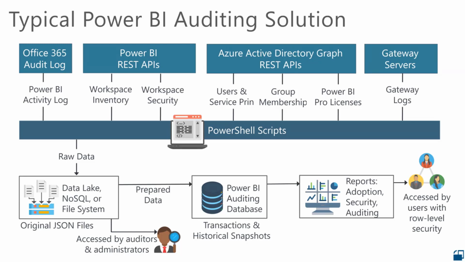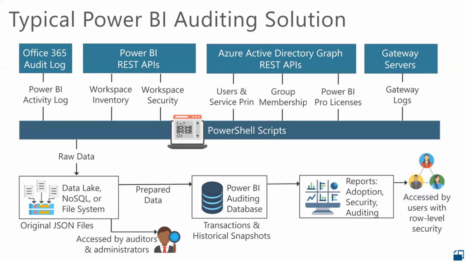And then moving to the bottom left, what I like to do is put all of that raw data somewhere where it's safe, especially the activity log data. So the ideal situation there is it's stored as the original JSON data. So you have not parsed it yet. You have not tried to put structure around it yet.